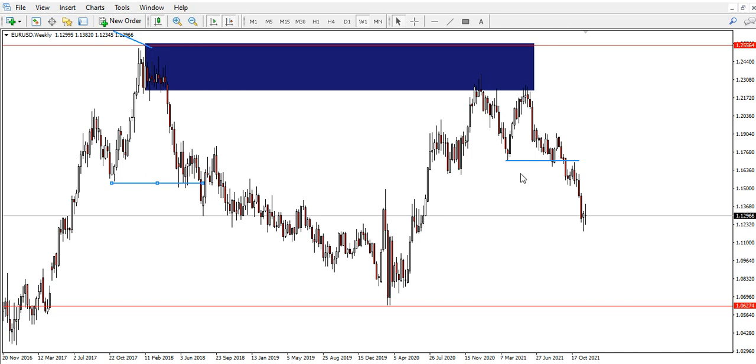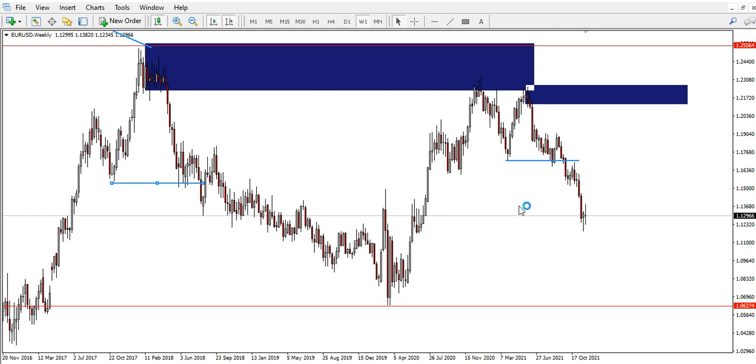So this is a break of market structure, and then we have the last up candle here before the change of direction, but as you can see, price did not come to mitigate it. When things are like this, we have to go to the daily time frame.